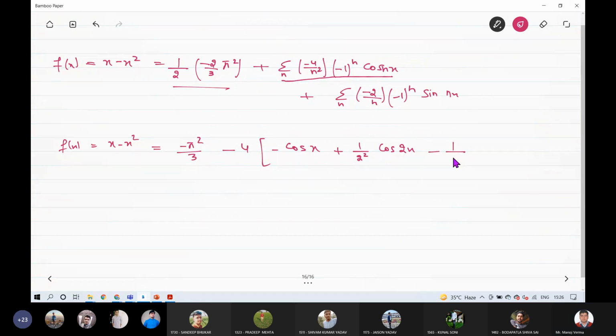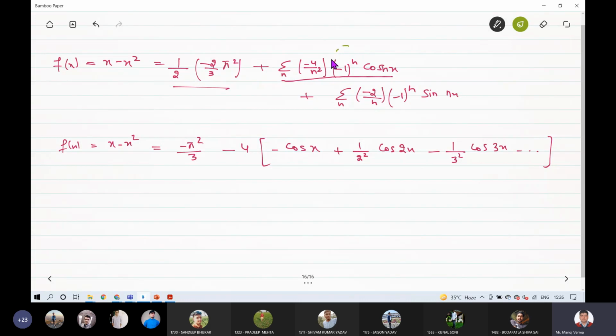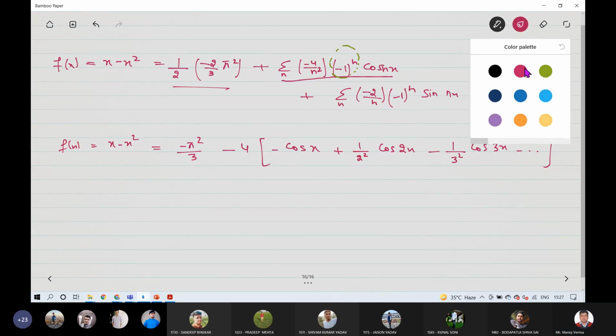Similarly, again a negative term, cos 3x, and so on. So basically, whenever you see this minus 1 raised to the power n in the summation, it will do only this thing. The first term will be negative, and the positive and negative will alternate. First term will be negative, second will be positive, third will be negative, fourth will be positive. So this minus 1 raised to the power n is doing this.